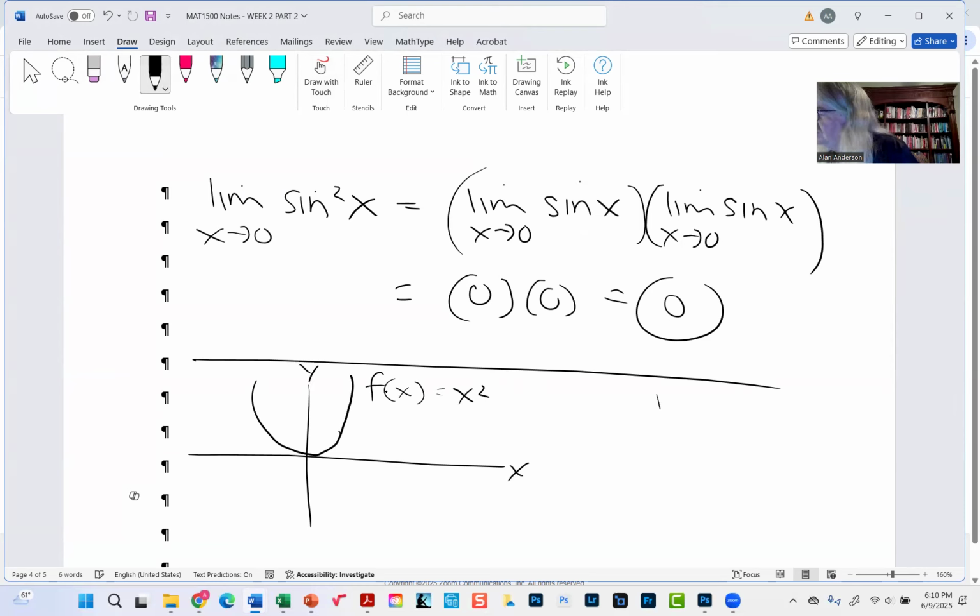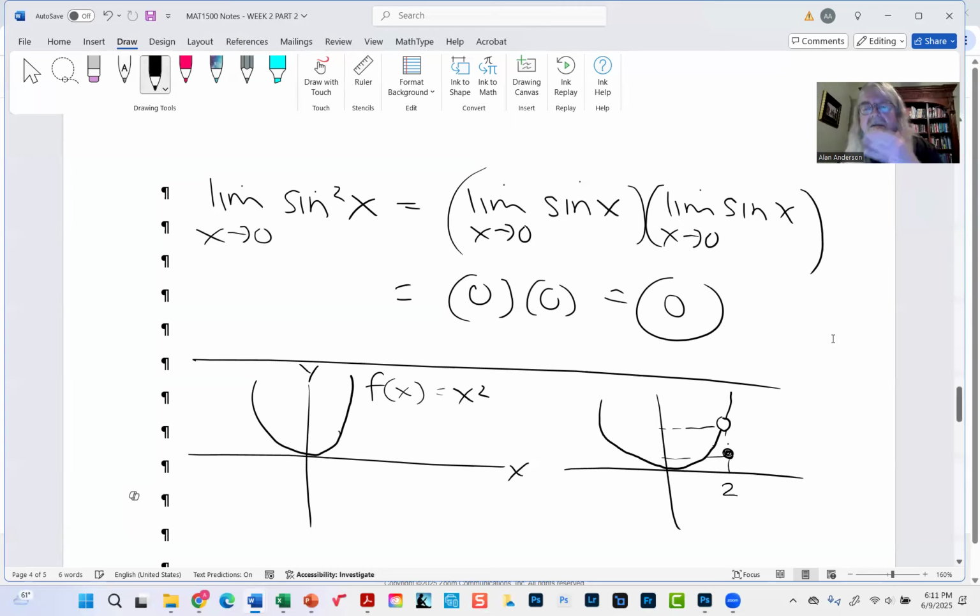Now, g of x is a little bit different because what I'm going to do is this. So this one will be defined as a piecewise function.